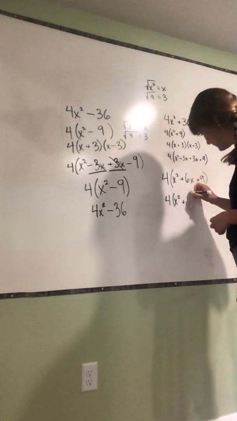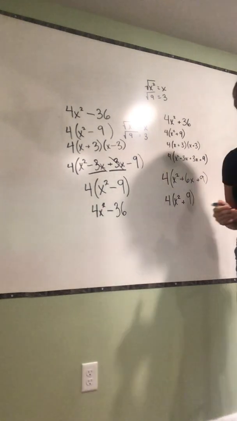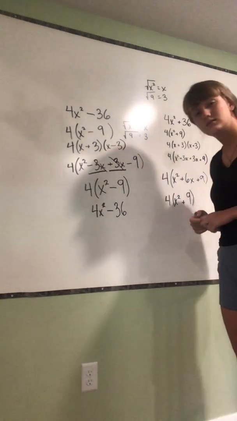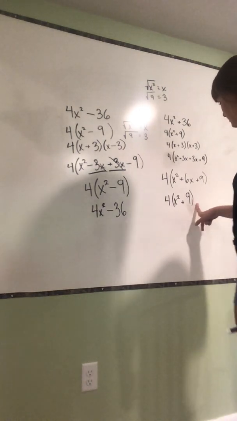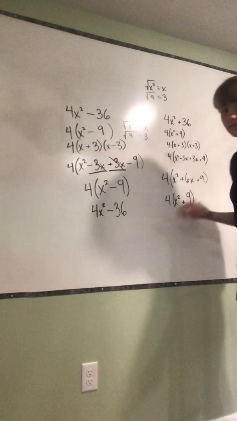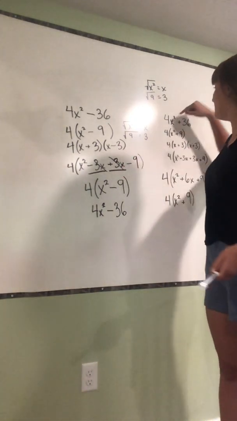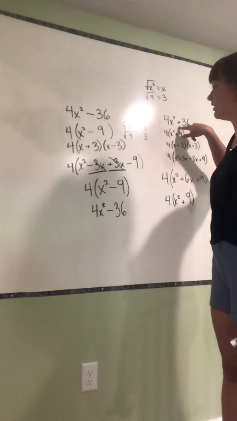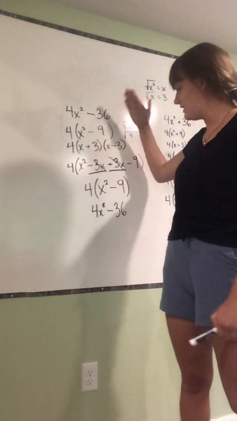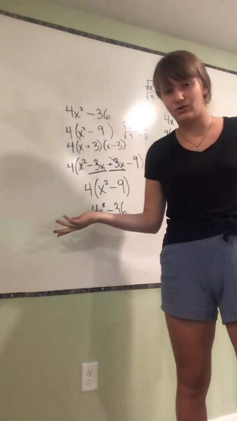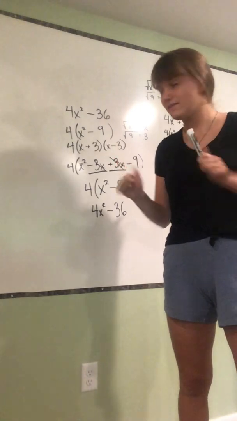X squared plus 9. There. So, yeah, that's all you can do. You can factor the real numbers out, but after that, that's all you can do if you have a positive here. But if you have a negative, then it works perfectly fine. As we have seen, beautiful, love factoring with quadratic equations.